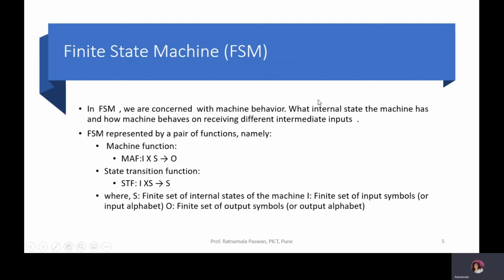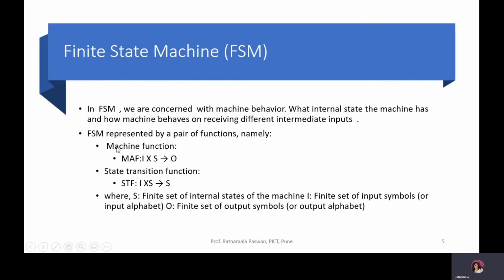Already you have studied the state diagram in second year. So it is similar to that only. Here also you will find some state diagram and for each state there is an input and it gives the transition based on the input and the output. So we will see how mathematically it is represented.